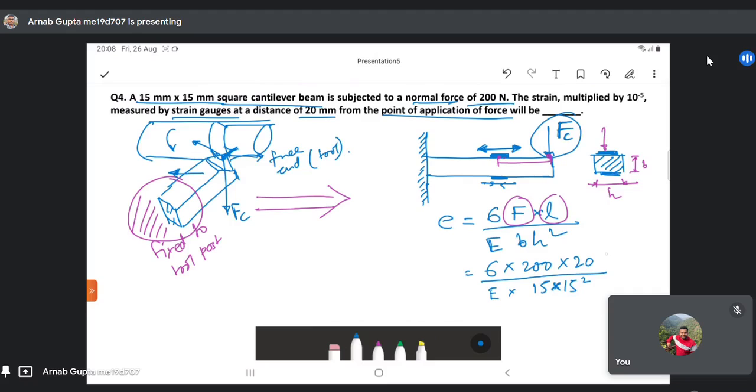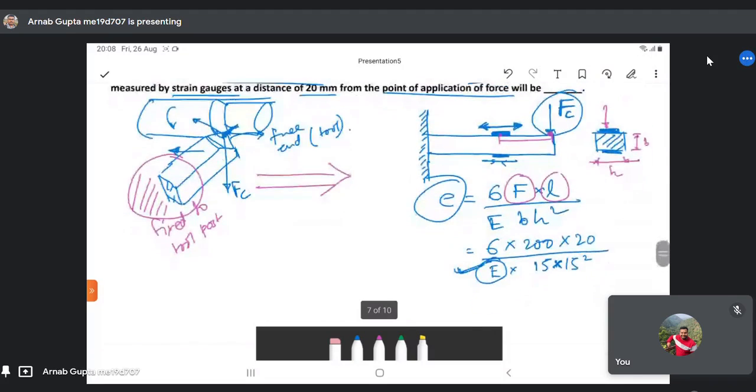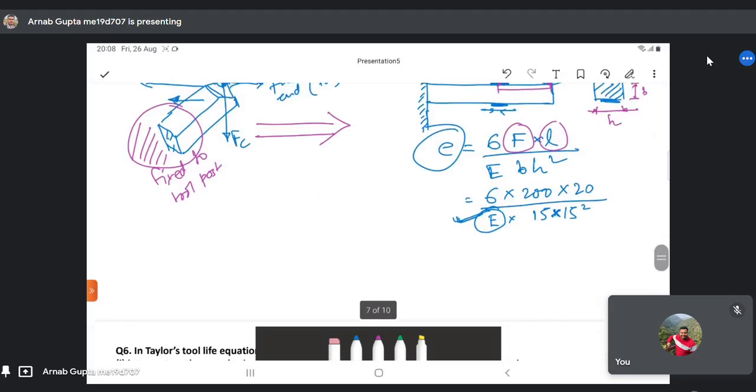Yes, you need the value of E. Suppose you take a simple case of fine steel. In that case, your value of E will be around 200 GPa. If you substitute that, you will get the value of strain. Generally, you will be provided with the value of E. I think I have not written it correctly from the question.